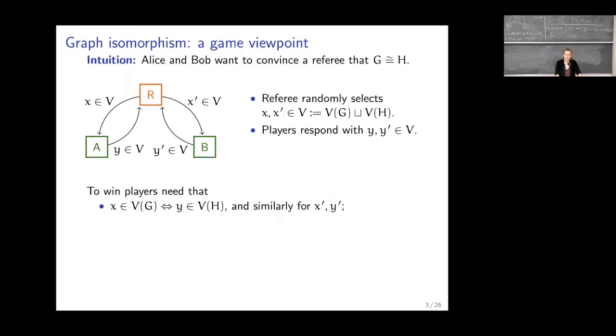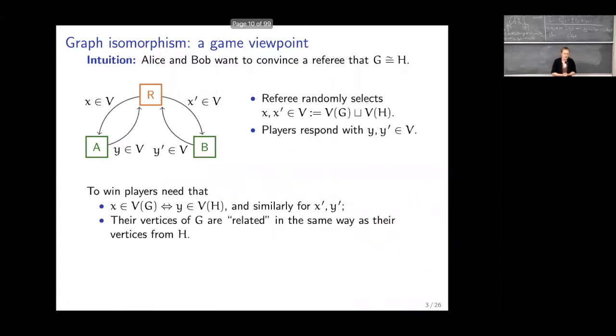Now if this condition is satisfied, then each player has one vertex of G and one vertex from graph H. The next condition says that the players' G vertices should be related the same way that their H vertices are related. What do I mean by related? If I take two vertices from the same graph, they can be related in one of three ways.